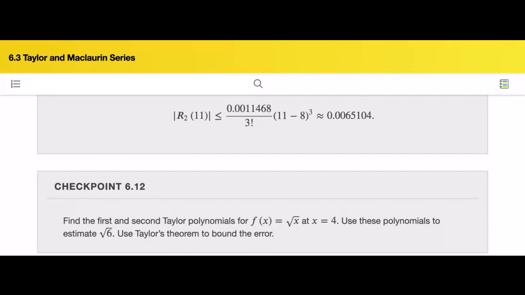I plug in: I get P1 of 6, I use this to approximate the square root of 6. I get 6 minus 2, which is 4. P2 of 6, after calculation, I get 3.5, which is 7 over 2.